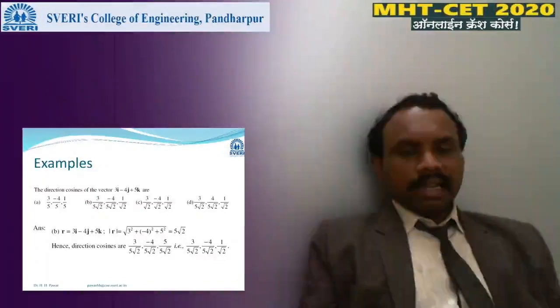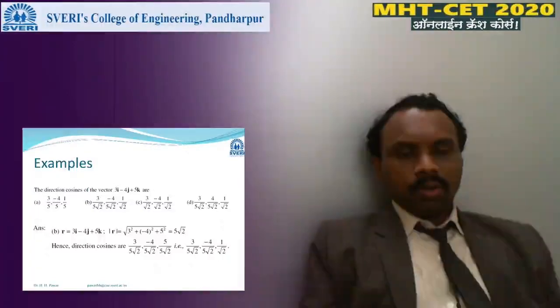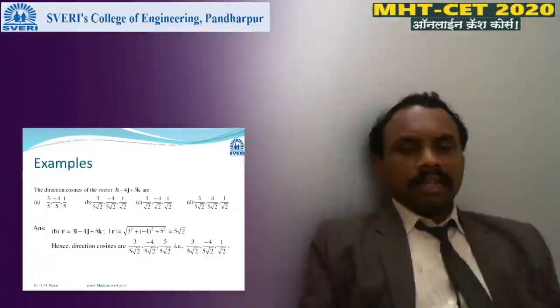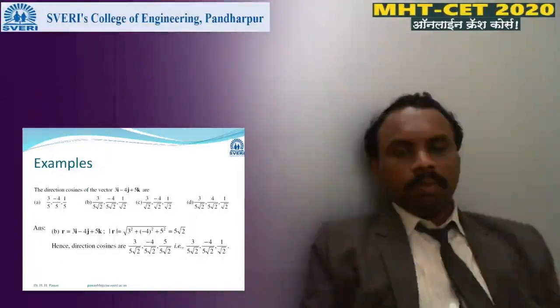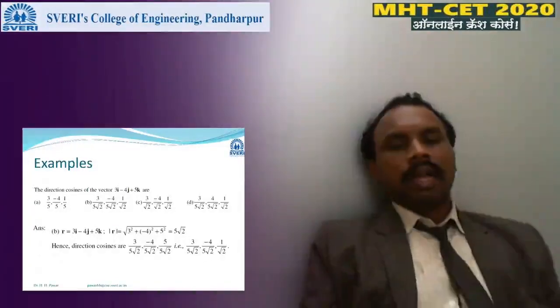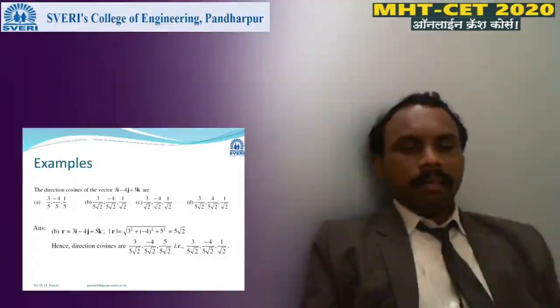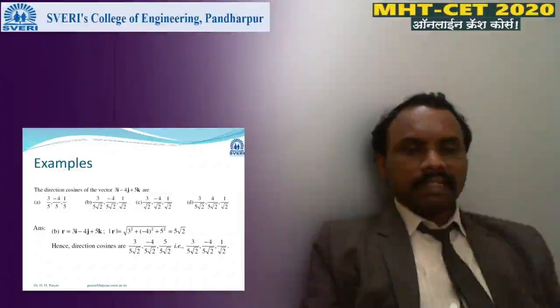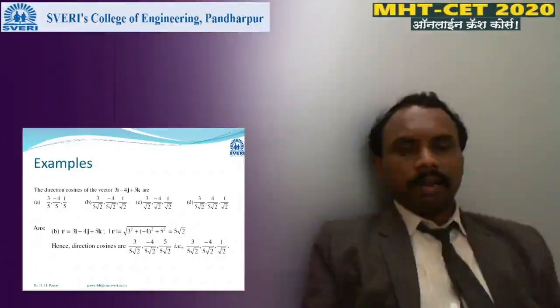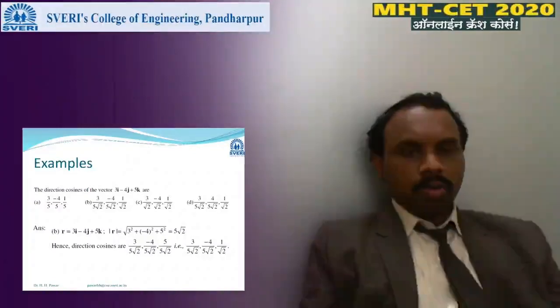Hence direction cosines are l is equal to 3 divided by 5 root 2, m is equal to minus 4 divided by 5 root 2 and n is equal to 5 divided by 5 root 2. Here 5 gets cancelled. Hence the required answer is option B, as 3 divided by 5 root 2, comma, minus 4 divided by 5 root 2, comma, 1 divided by root 2.